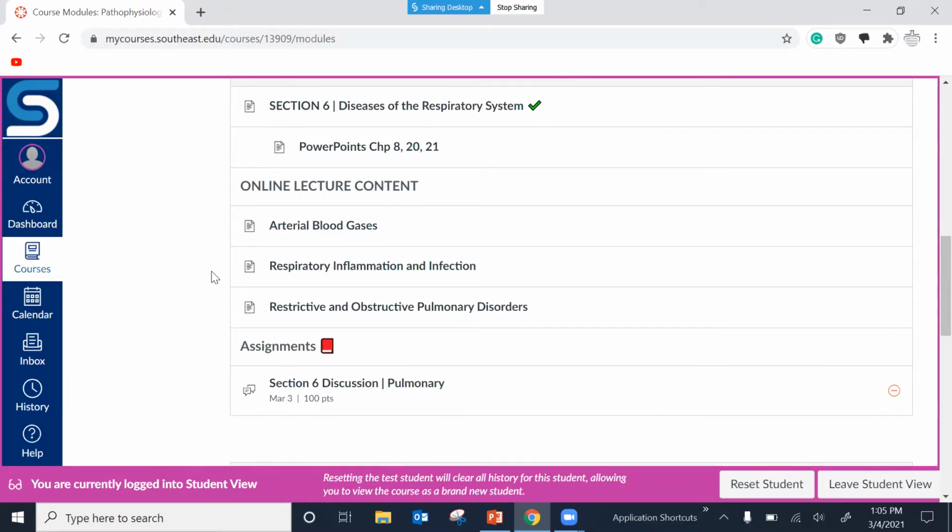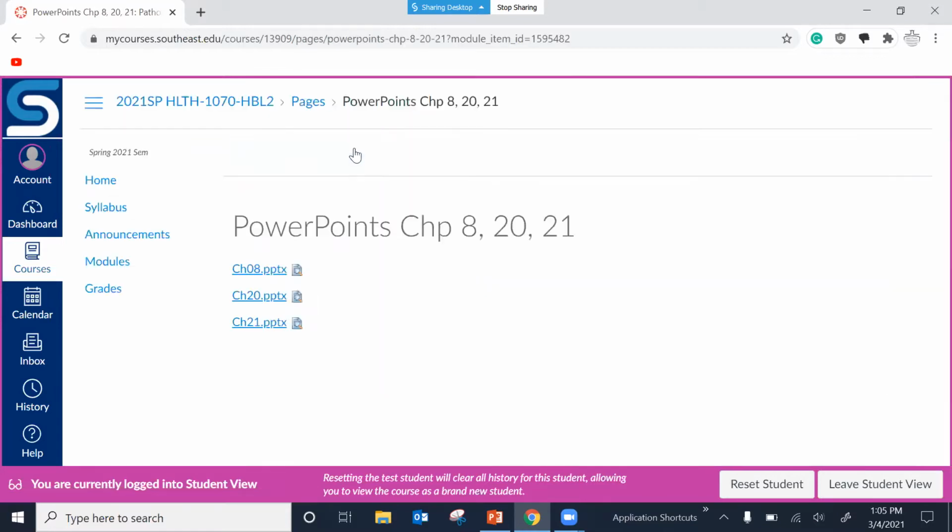And today what we're going to talk about a little bit is the PowerPoint. You do have access to these PowerPoints, chapter 8, 20, and 21, which are all the respiratory type stuff. We're going to go through chapter 21 for a bit today, more respiratory stuff.